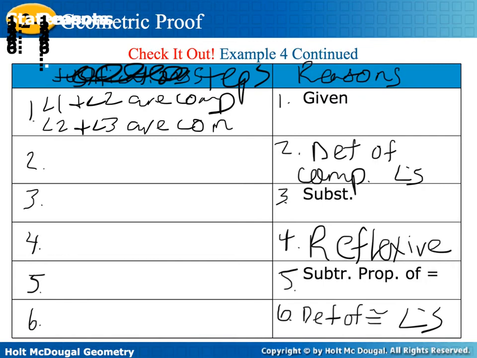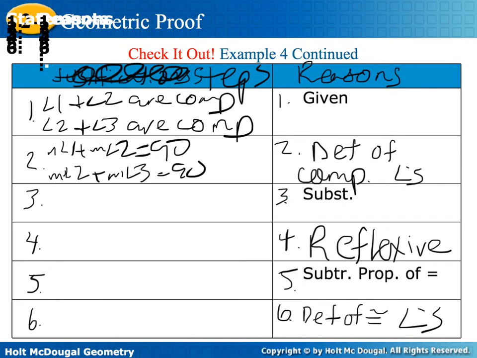That was given to us in the last little bit of video. So definition of complementary angles, that's what they said, that we're going to add these up to equal 90. So measure of angle 1 plus measure of angle 2 equals 90. Same with the other one: measure of angle 2 plus measure of angle 3 equals 90. That's the definition of complementary angles.